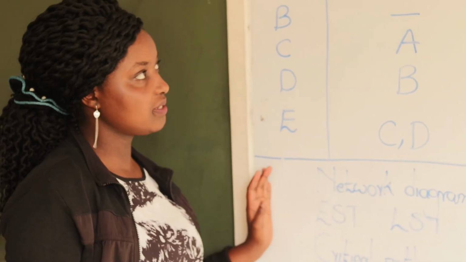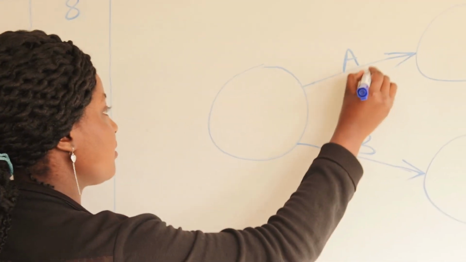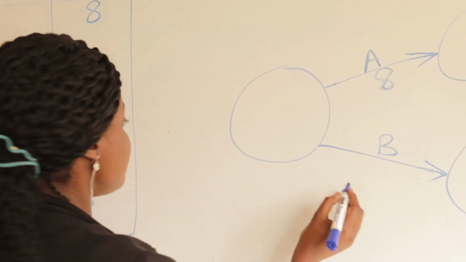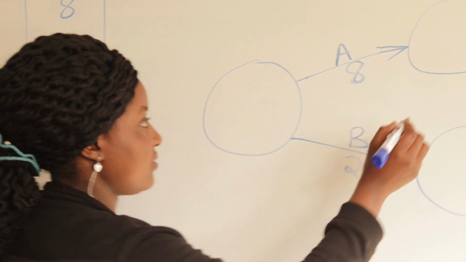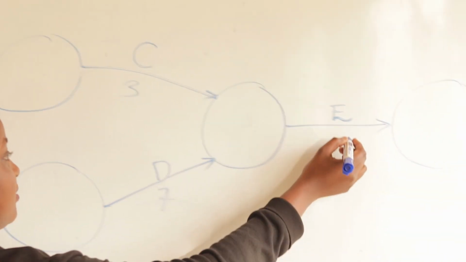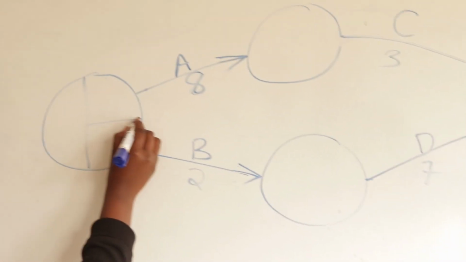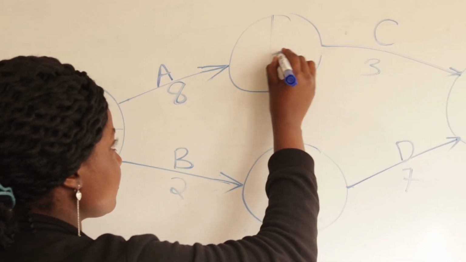For us to determine this, we've been given the number of days: A is 8, B is 2, C is 3, D is 7, and E is 6. So we'll subdivide like this.